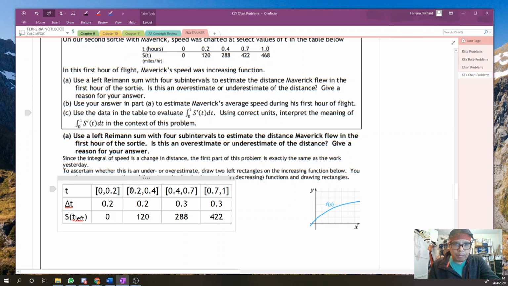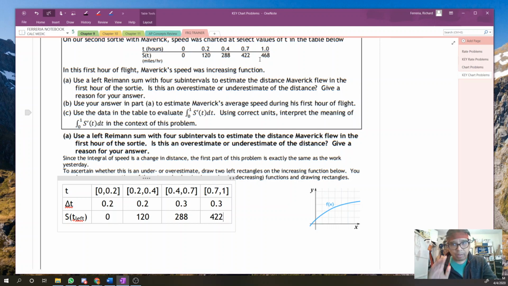The left side of the interval from 0.2 to 0.4, that's 0.2, and the speed at 0.2 is 120. So just reading through all that, you can see we've got all of those correctly on the left side. And if we did this correctly, the far right value of s will not get used. You will notice that the far right value of s, right over here, is 468. No, we're not using that.